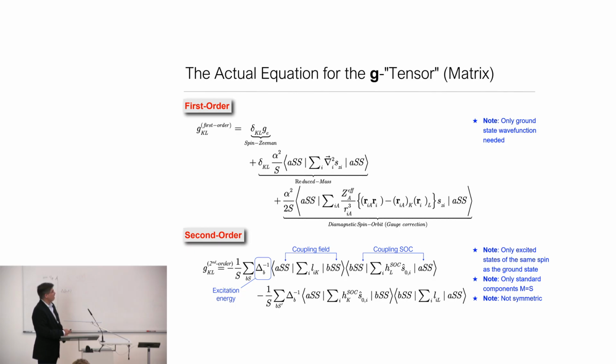And that came from the operator that couples the angular momentum of the electrons to the external magnetic field. So the physics here is that as the electrons are in motion, you can think about them as being on a circular path, and that charge in motion creates a magnetic dipole moment.